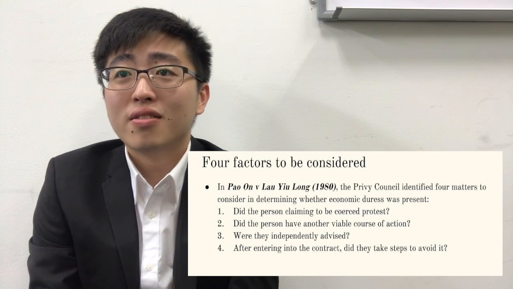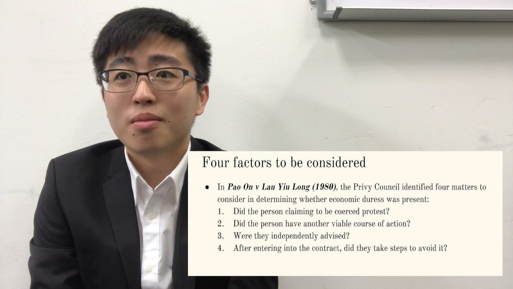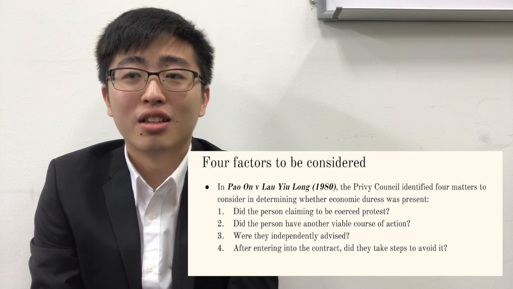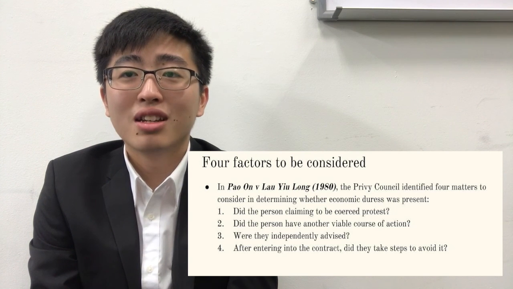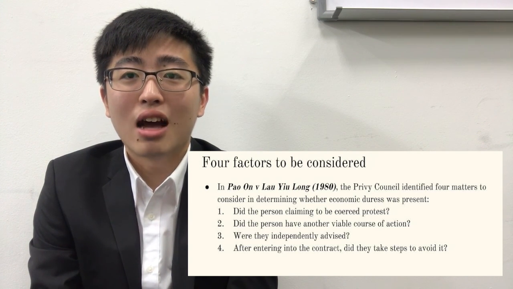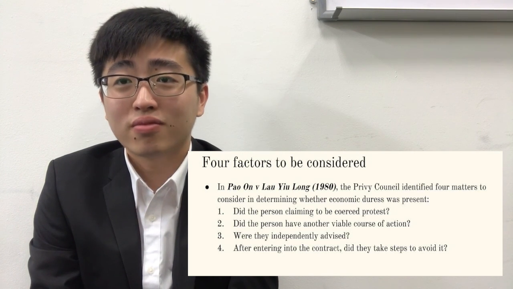The first matter is, did the person claiming to be coerced protest? The second matter is, did the person have another viable cause of action? The next matter is, were they independently advised? And the last matter is, after entering the contract, did they take steps to avoid it?